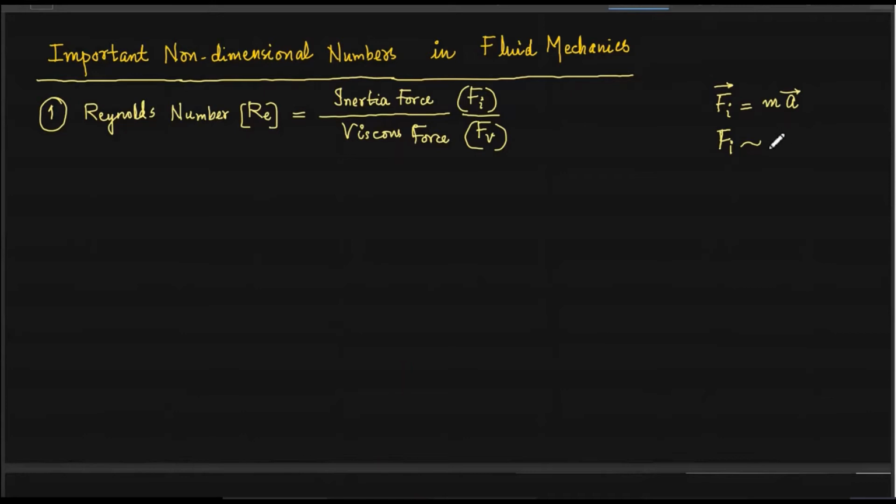Rather than using the absolute quantities, I want to use the dimensional form. Mass is actually density into volume. So rho into volume. Volume, dimension wise, is linear dimension cubed, so area into length, A into L, otherwise L raised to 3.